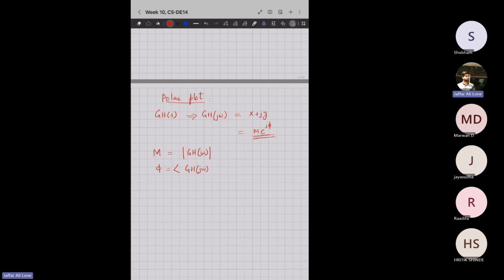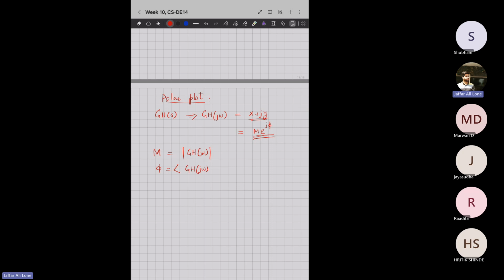You have a transfer function, you put s equal to j omega, and you get a transfer function as a complex number. This is the Cartesian coordinate system, and this is the polar coordinate system. In the polar coordinate system, a complex number is represented by its magnitude as well as a phase angle. So this M is magnitude and phi is angle. I have written it like this.